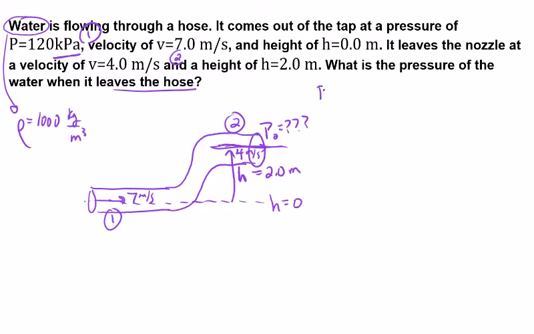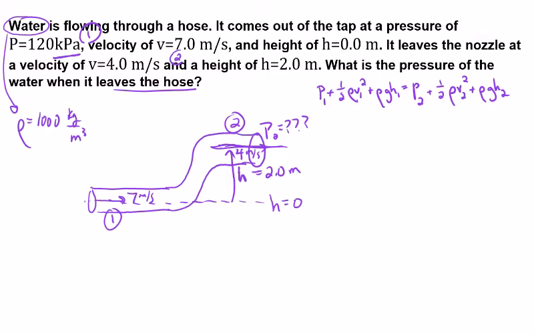So P1 plus 1/2 rho V1 squared plus rho g h1 should equal P2 plus 1/2 rho V2 squared plus rho g h2.